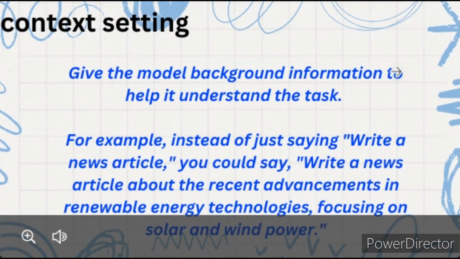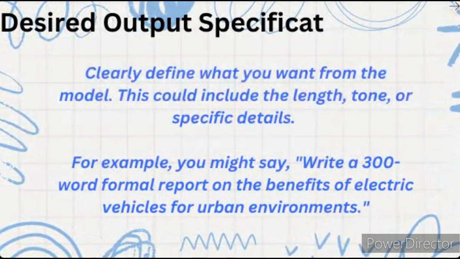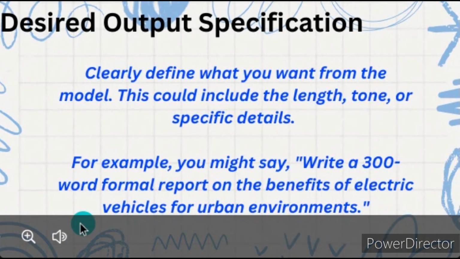Now, moving on to desired output specification. It means clearly defining what you want from the model. This could include the length, tone, or specific details. Let me give you an example here.